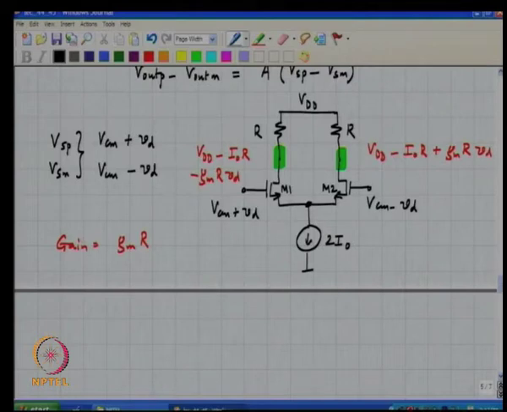The only way this can be prevented is by raising the supply, which is not a practical thing to do. From our experience with circuits earlier, what do you think we should now do?